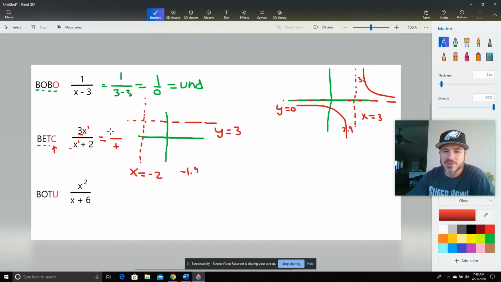But then a negative times a positive gives me a negative. So negative divided by a positive is a negative. So right next to this asymptote, we get a negative value, which can only happen down here. So that's our curve. Then we're going to check the other side. So negative 2.1, that would make a negative denominator, a negative numerator, and that's positive.